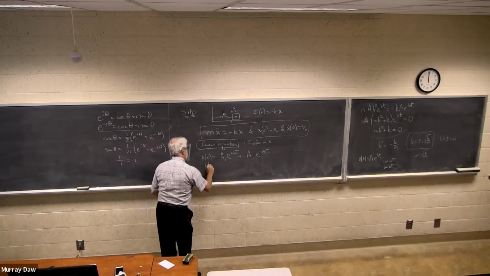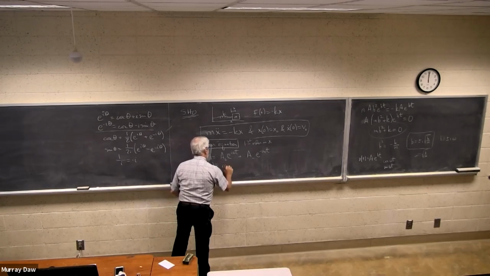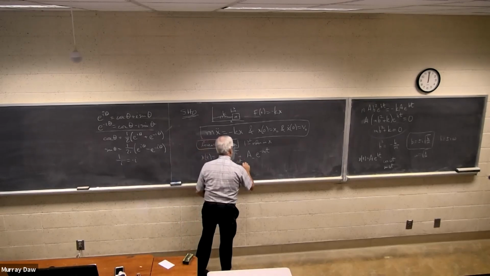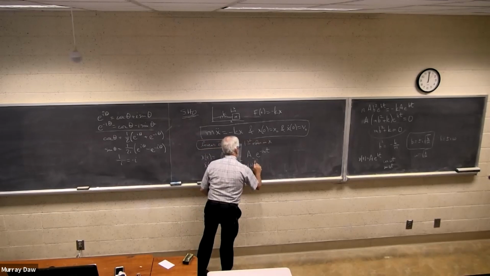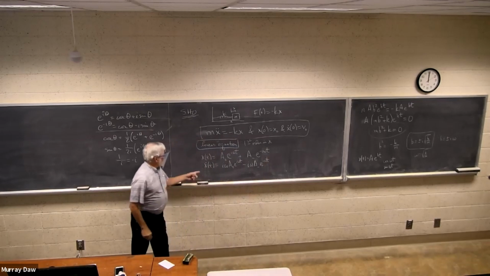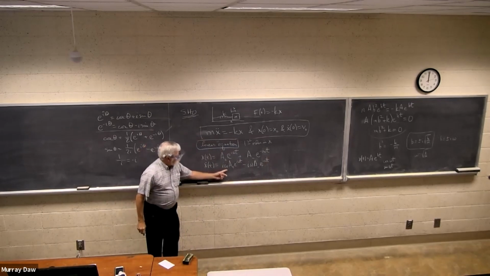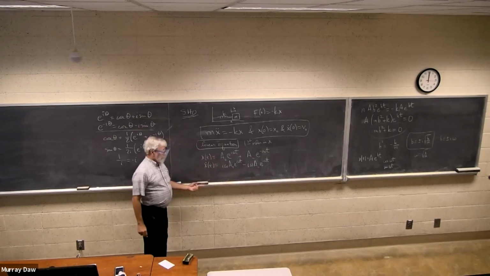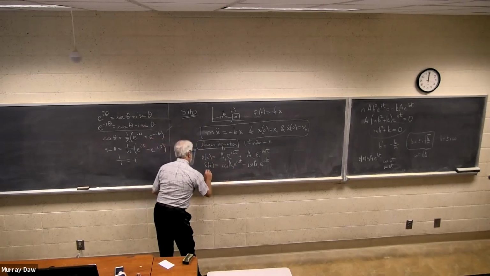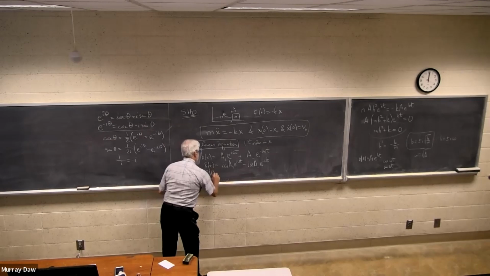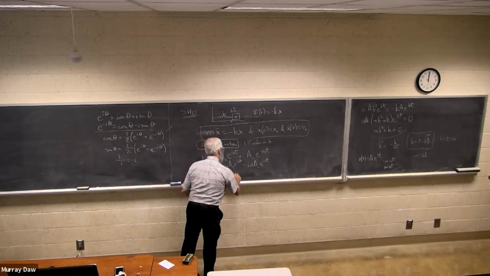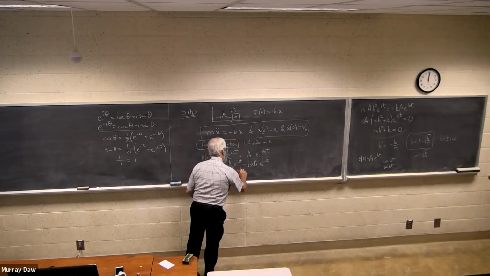So x dot. You see how it just brings down a factor of omega or minus omega? But it's still linear in x, and the second derivative, x double dot, is now minus omega squared times e to the i omega t.